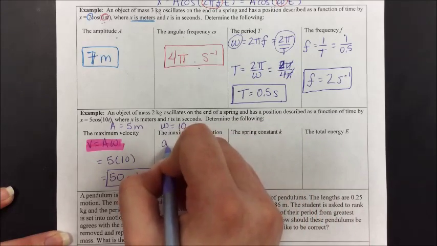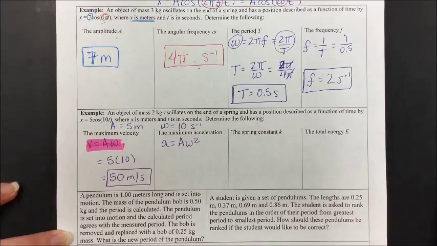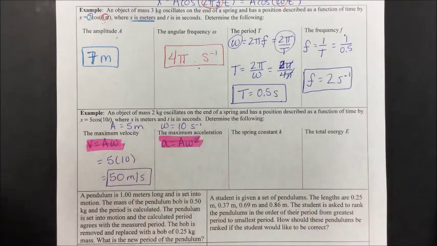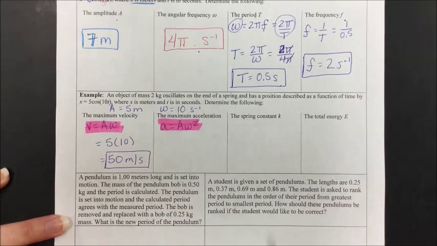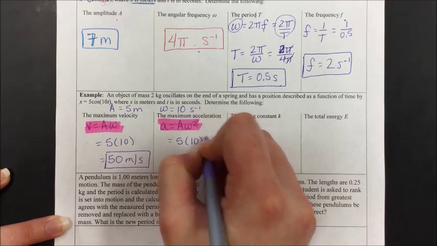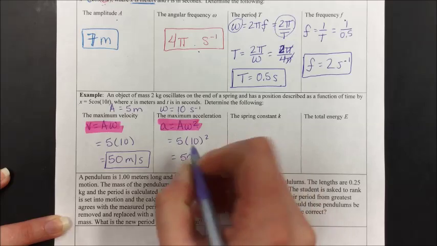To find the maximum acceleration, again, these are just new equations, we're going to take the amplitude, maximum displacement, times the angular frequency squared. And so when we plug that in, 5 times 10 squared, we end up with 500 meters per second squared.